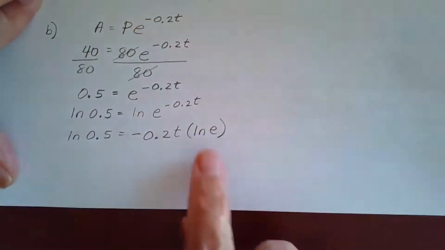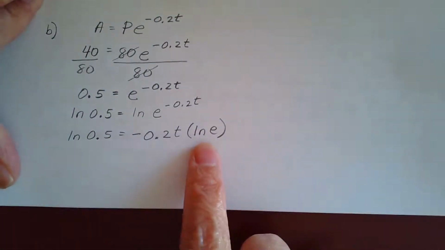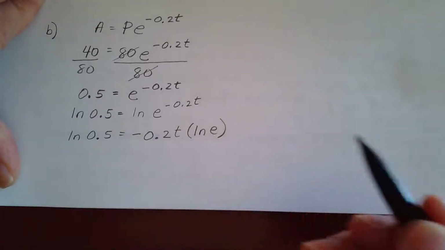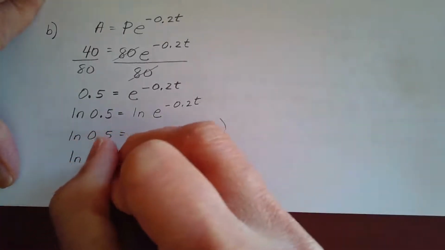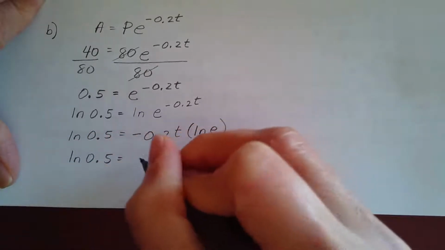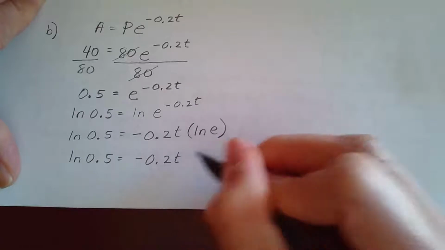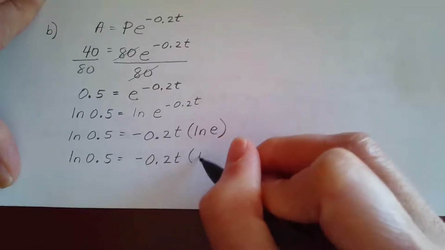We've seen from previous examples that natural log of e is just 1. So natural log of 0.5 equals negative 0.2 times t.